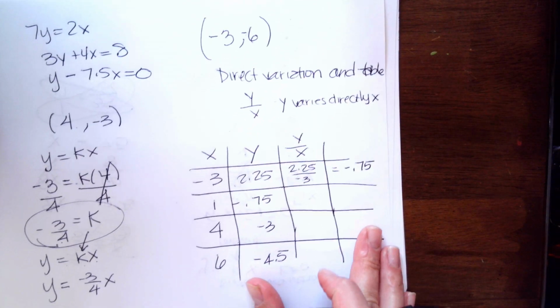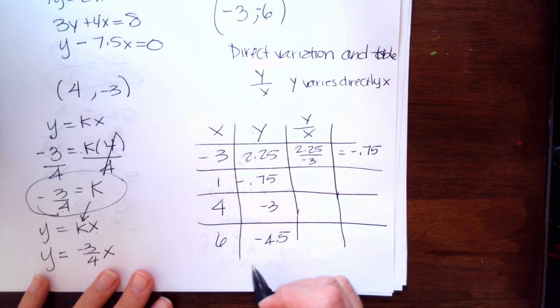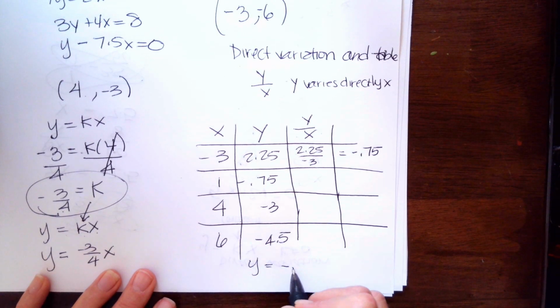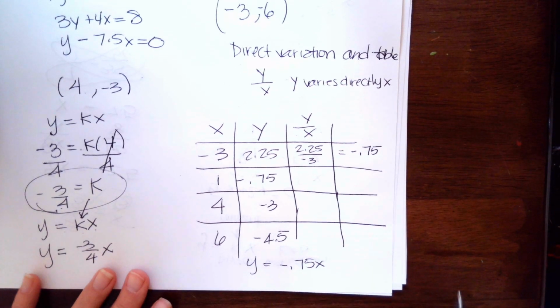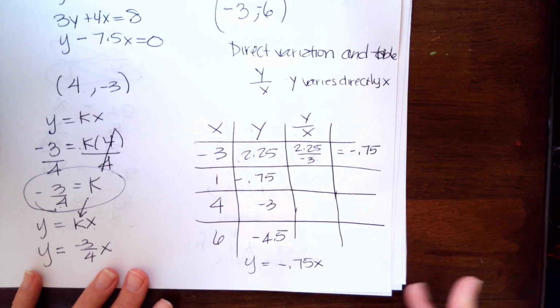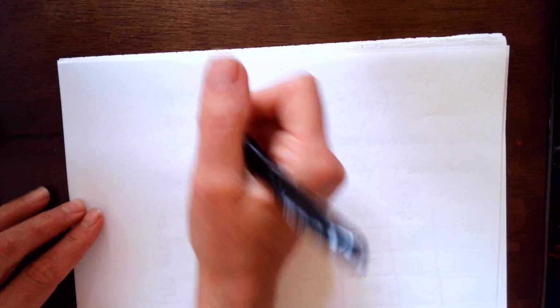If that is true, then we would write y equals negative 0.75x. If it does not, then we would say no, the ratio is not the same for all sets of data. So let's see which ones will work.